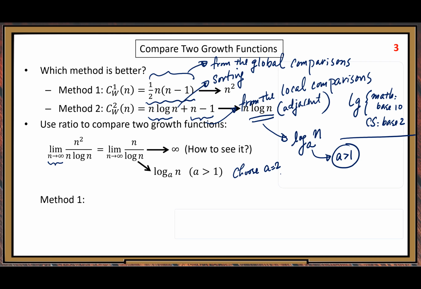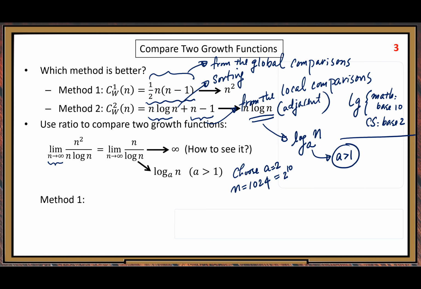Let's consider n equals 1024. You know this number, right? You're familiar with this number, right? 2 to the power of 10.